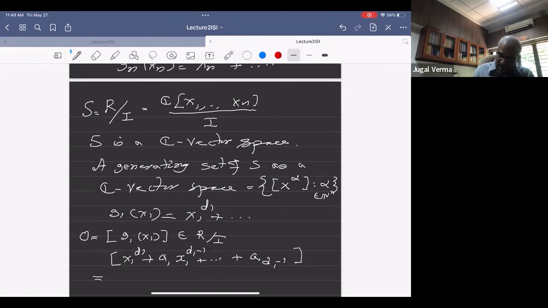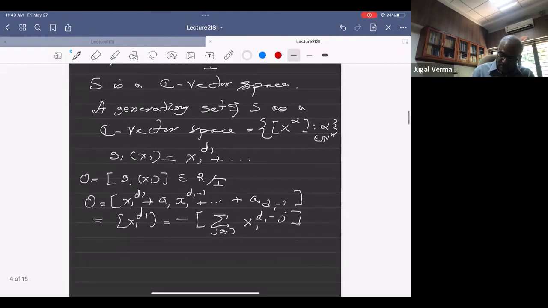The residue classes add up, so this is the residue class of 0. So the residue class of x1^d1 is a linear combination of the residue classes of lower degree monomials, x1^(d1-j), j bigger than or equal to 1.